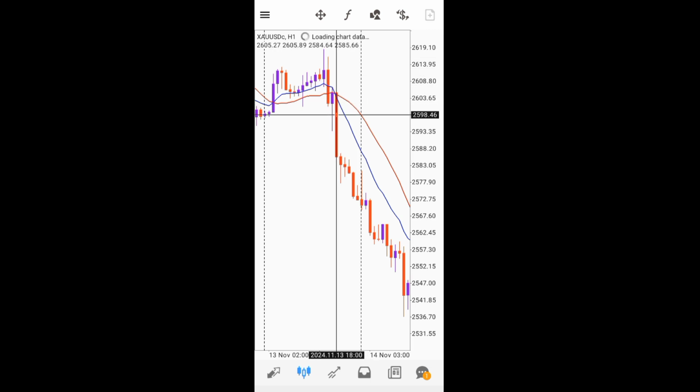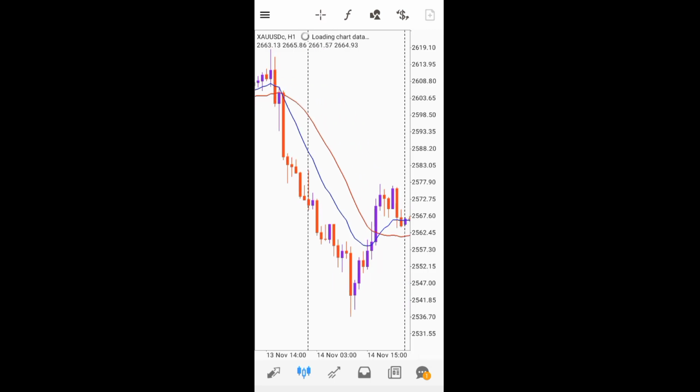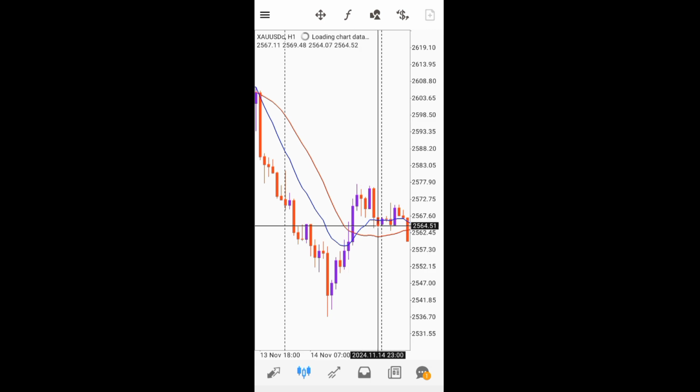Whenever we get 1:1, we can close, or when you get 1:2, we can also close, but our take profit will have to wait for these two moving averages, the blue and the red, to cross each other. As we go, we see it ended up closing on this region here. So in this region was supposed to be our take profit.